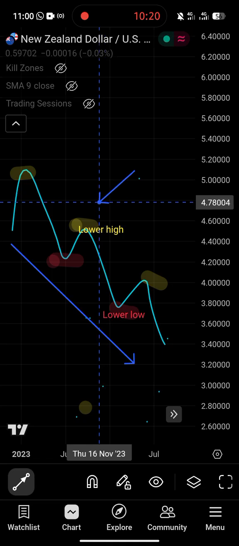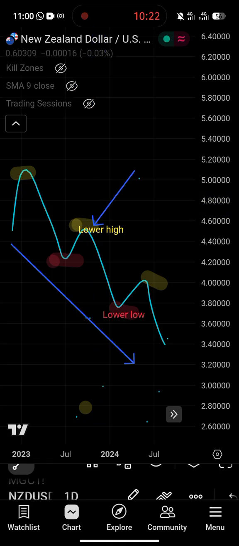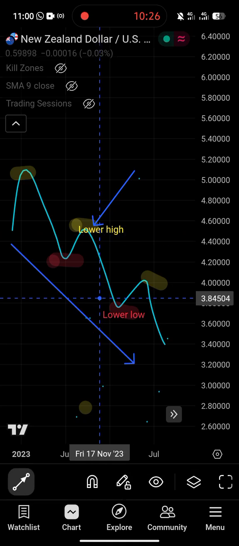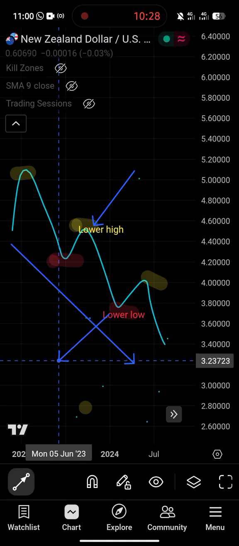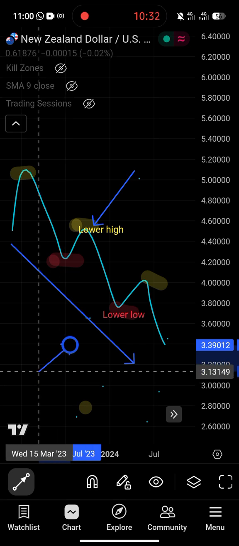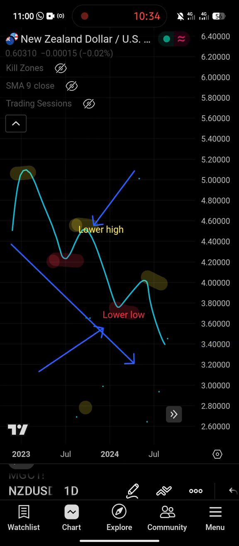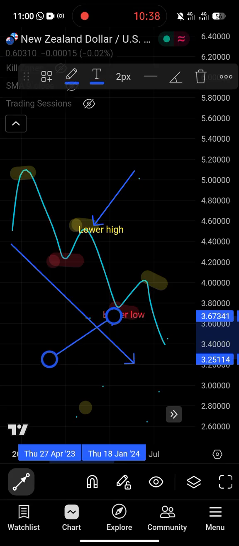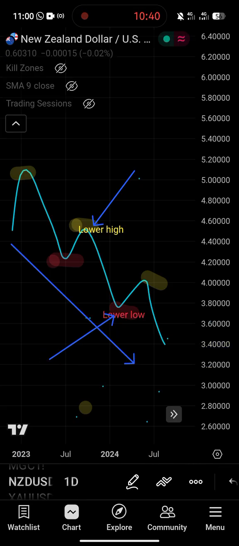This is the high. This is the low. Why is that a lower high? Because it moved up before it moved down.